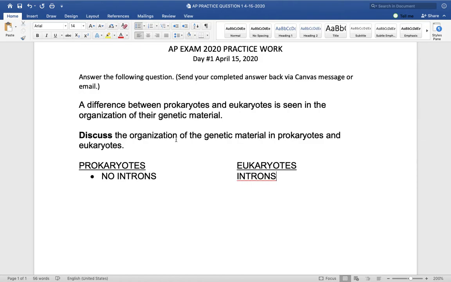Prokaryotes do not have introns, eukaryotes do have introns. And remember, we mentioned this really briefly when we did the DNA code unit at the end of the first semester, in that prokaryotes have that one circular chromosome, which we'll get to here in a second, and they can turn that genetic material into proteins, whereas eukaryotes have to go through post-transcriptional processing to get rid of the introns.